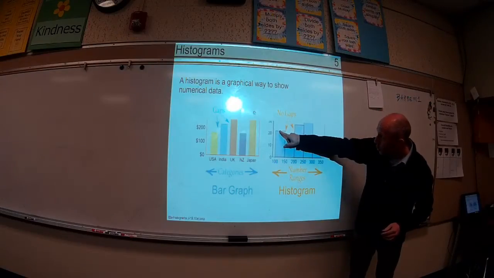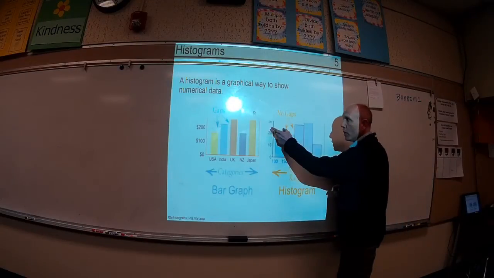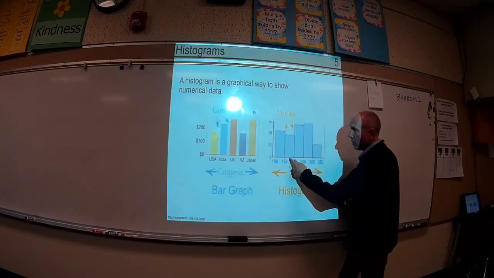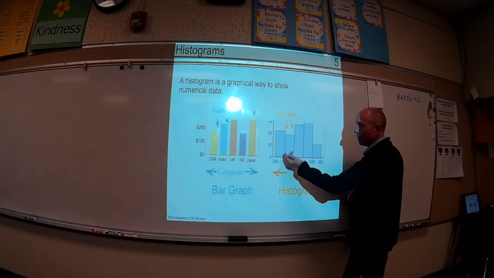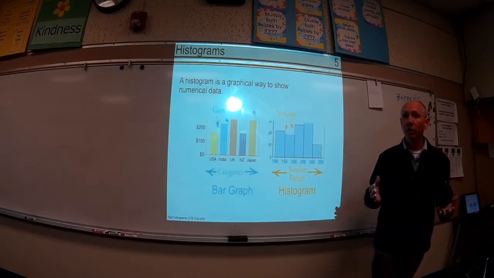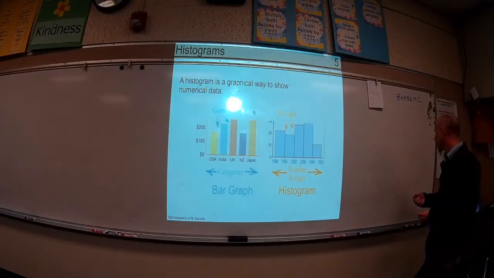This is saying that there are 21-ish numbers between 100 and 150. There are 21 values that fit into this column. This column, there are maybe 18 values that fit between 150 and 200. So a histogram is going to be all numeric, where a bar graph could be categorized.